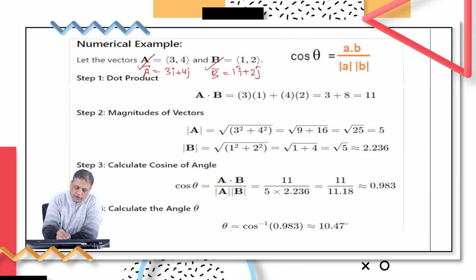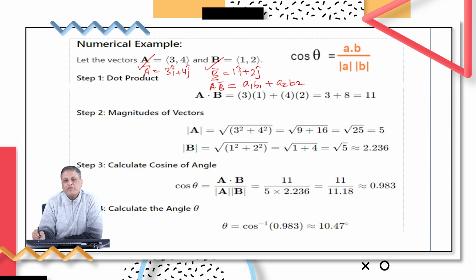We know that the dot product in component form will be given by A1 B1 plus A2 B2, because we only have two components. If it is three-dimensional space, then the dot product A dot B in component form will be given by A1 B1 plus A2 B2 plus A3 B3.